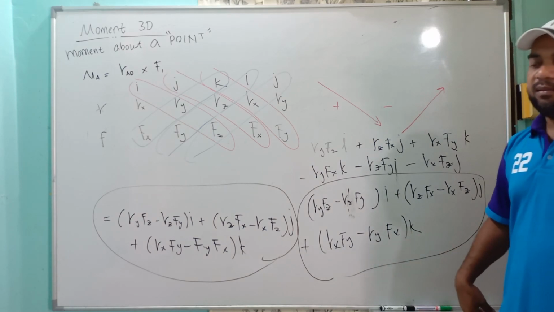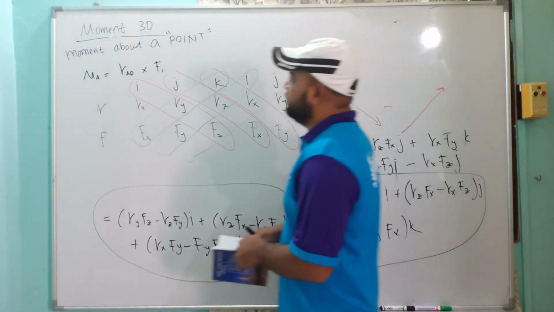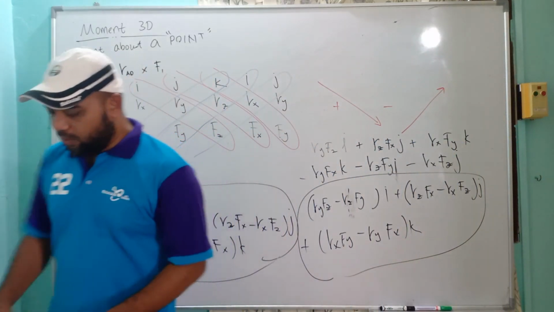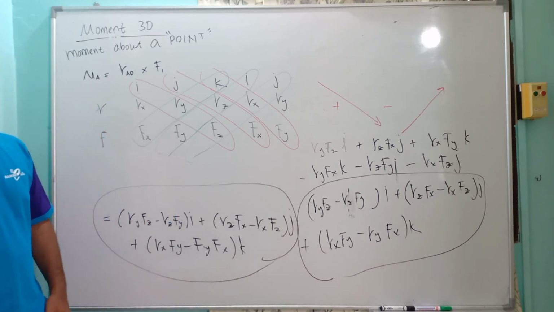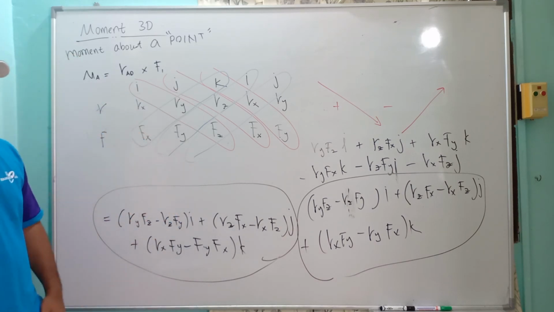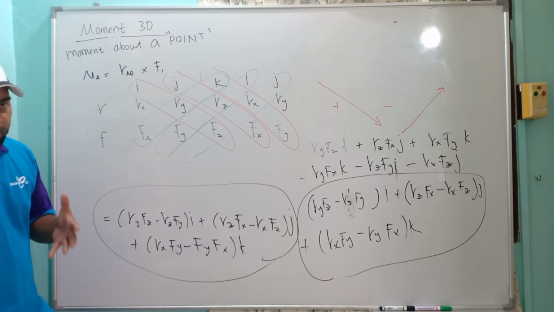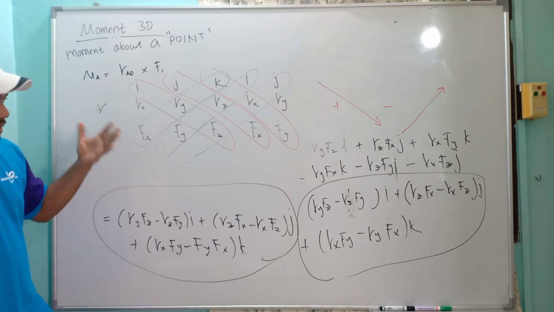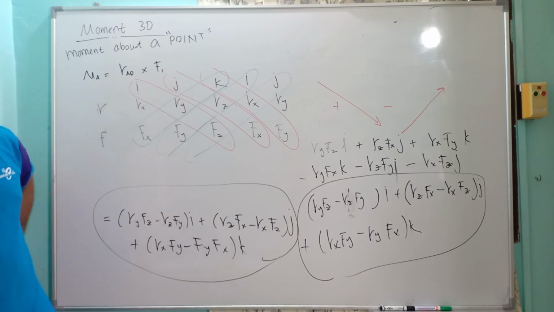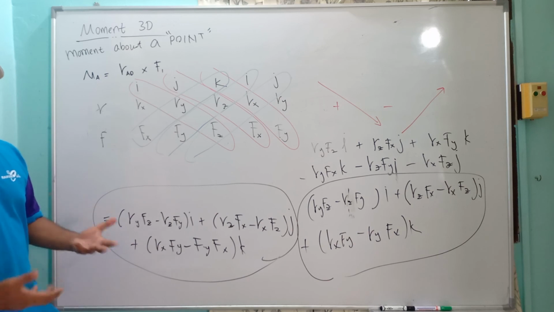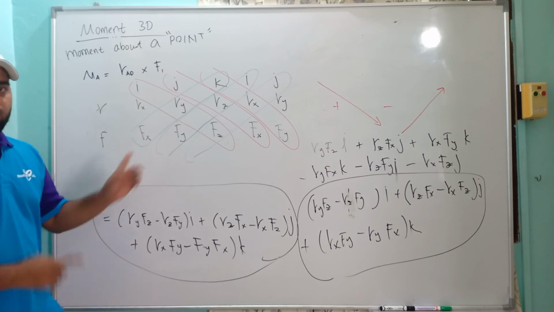Okay, so that is for moment about a point in 3 dimensions. We will look at examples later for a clearer image of how to use all these equations to solve problems involving moment about a point in 3 dimensions. Okay, so we continue later on.